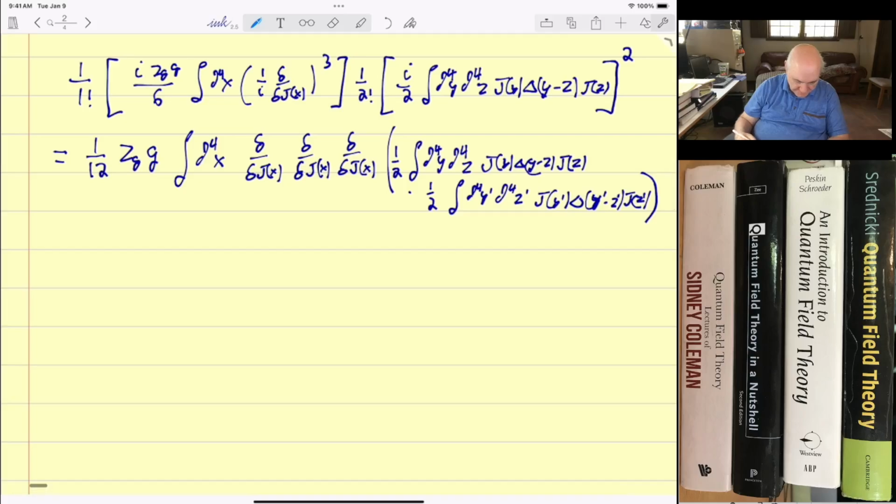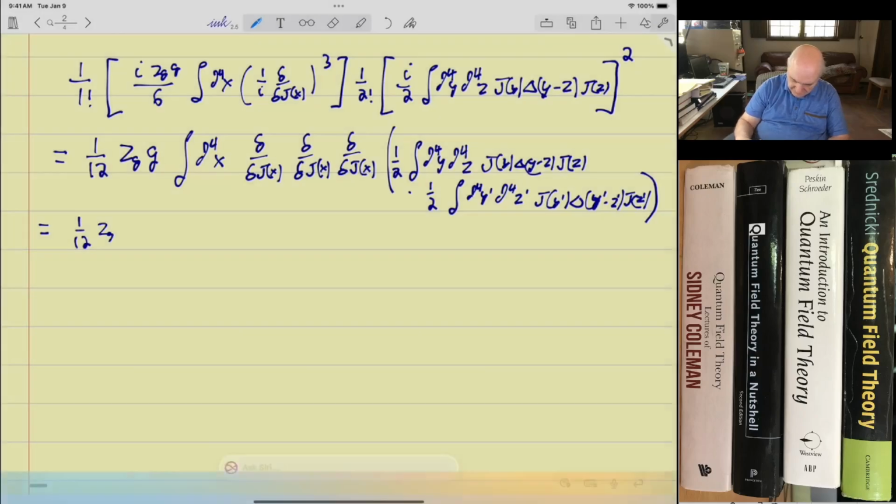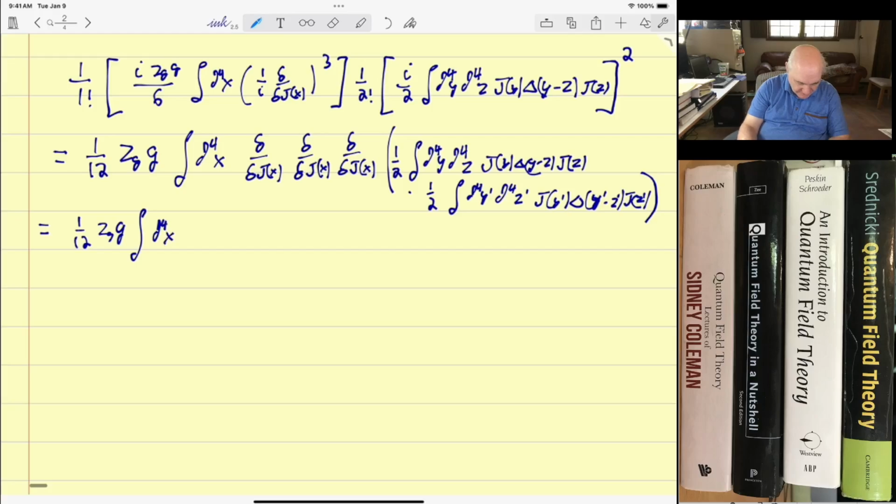Okay, so this is equal to 1/12 zgg integral d4x δ/δj(x) δ/δj(x).